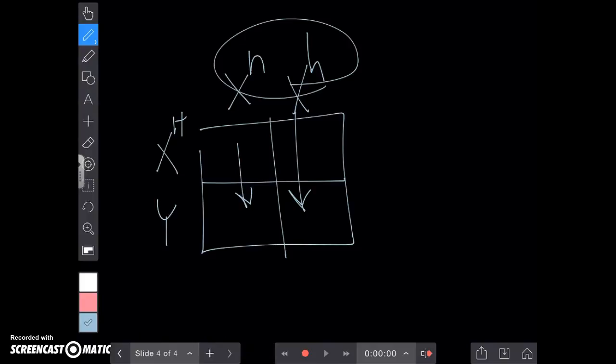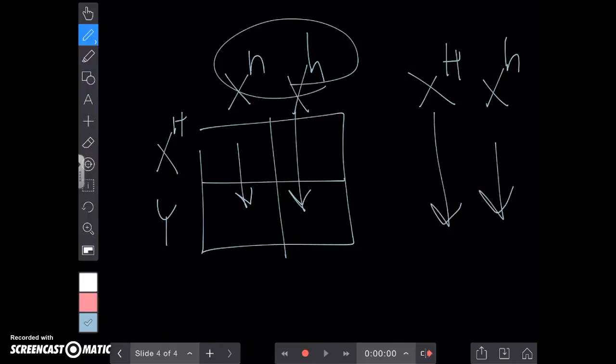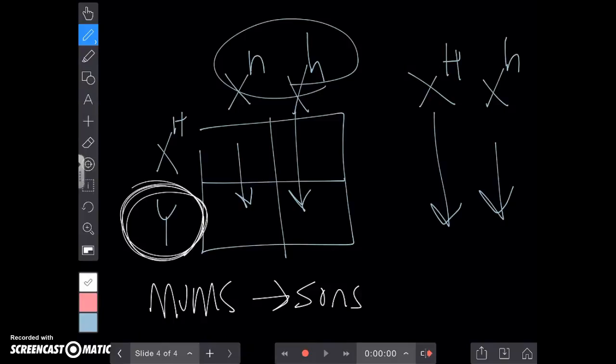Okay, now if I have mom who's a carrier, which we had last time, she could pass it on to a son. So who usually gives sex-linked traits? Moms pass them on to sons, because dad had to pass on the Y. Dad passes on the Y. So moms are the ones that are the guilty ones to make you go bald, to give you hemophilia, to make you colorblind, so we can thank them.